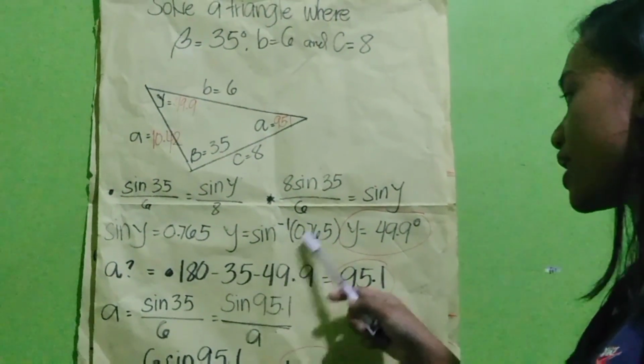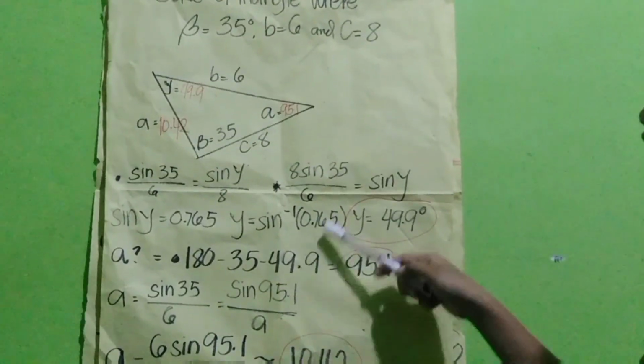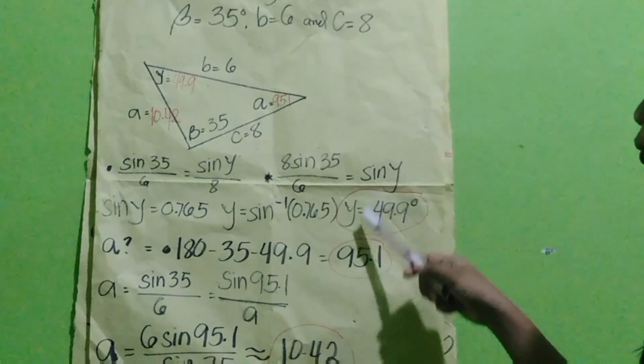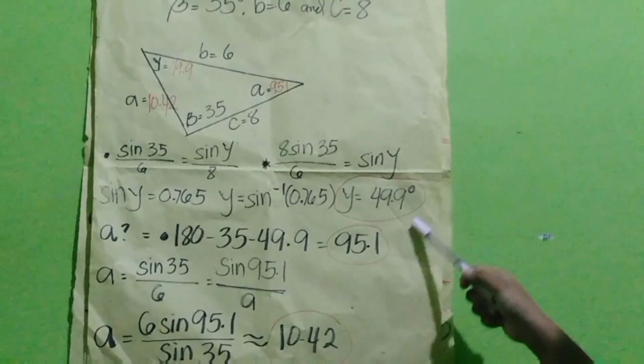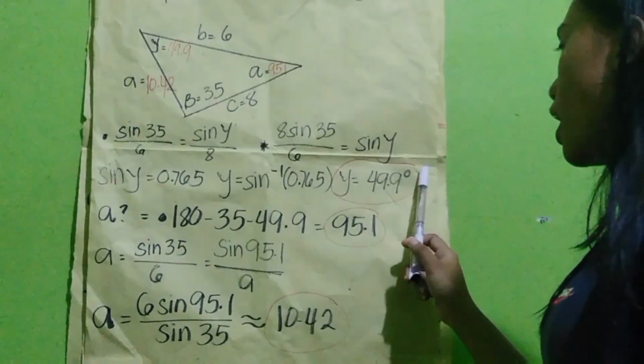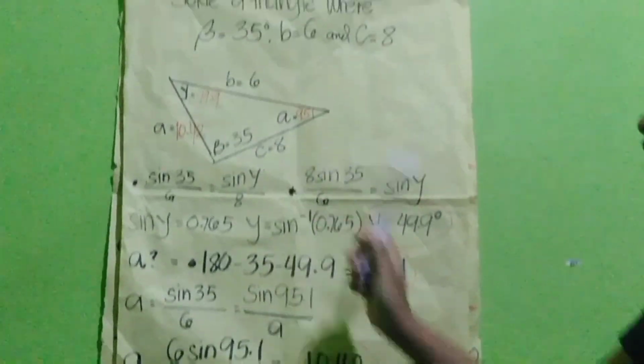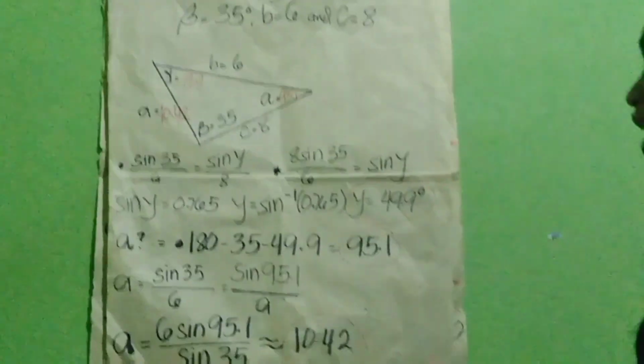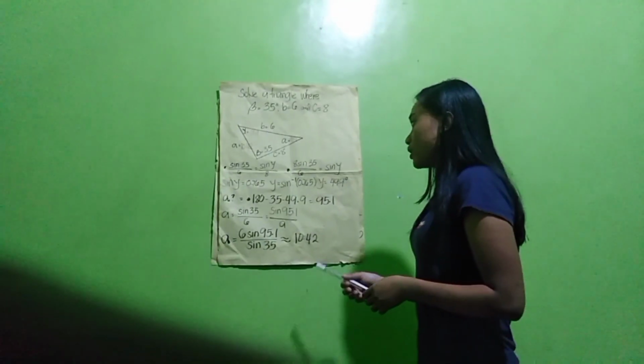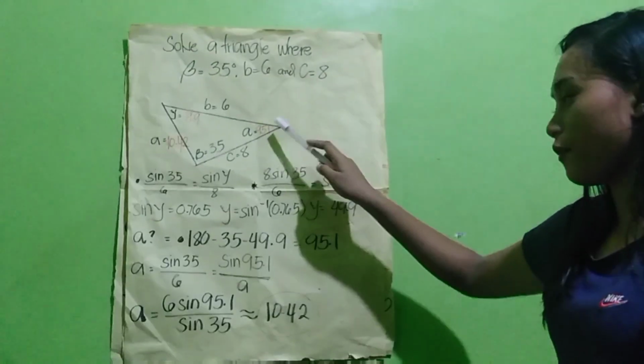So sine gamma equals 0.765. Gamma equals sine raised to negative 1 of 0.765. Gamma equals 49.9 degrees. So our value of gamma is 49.9 degrees. Now let's find A, which is our alpha.